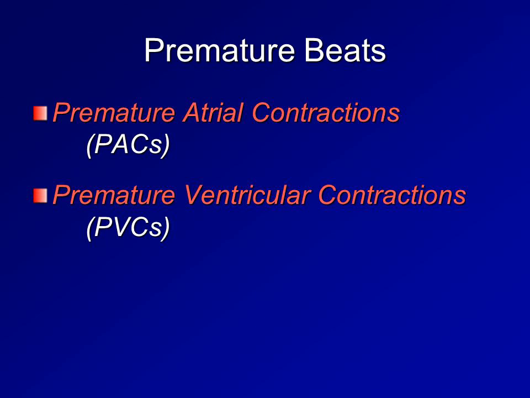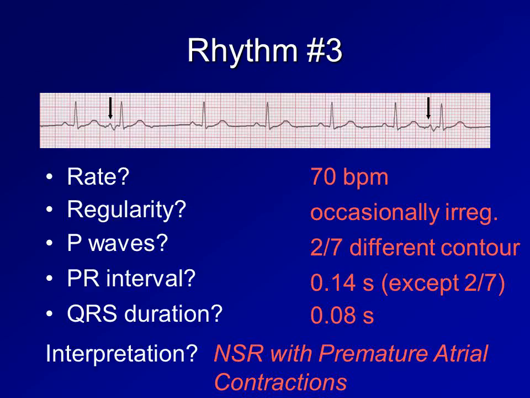Premature beats. Premature atrial contractions, PACs. Premature ventricular contractions, PVCs. Rhythm number 3: rate 70 BPM, regularity occasionally irregular, P waves with a different contour for the 2nd and 7th beats, PR interval 0.14 s except for those beats, QRS duration 0.08 s.